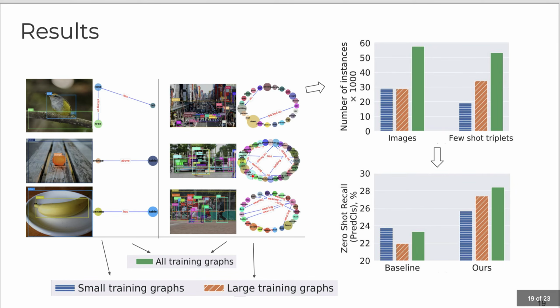And by normalizing the loss in a particular way, we show that in our case the results are improving if we increase the size of the graph. So this is the result using small graphs, this is using large graphs, and this is the result using all graphs. Whereas in the baseline case, the results are not what we expect.